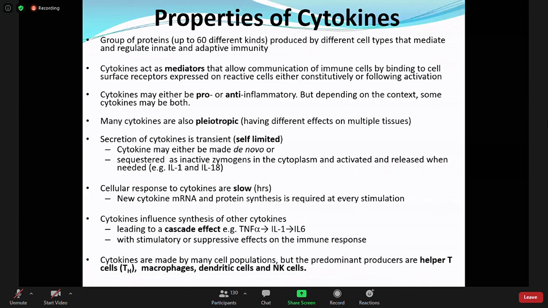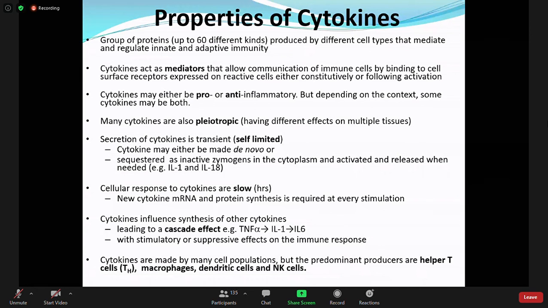Through their release as ligands and binding onto receptors, they induce what's called a cascade effect, which you already learned with complement, where A activates B, which will activate C, and so on.